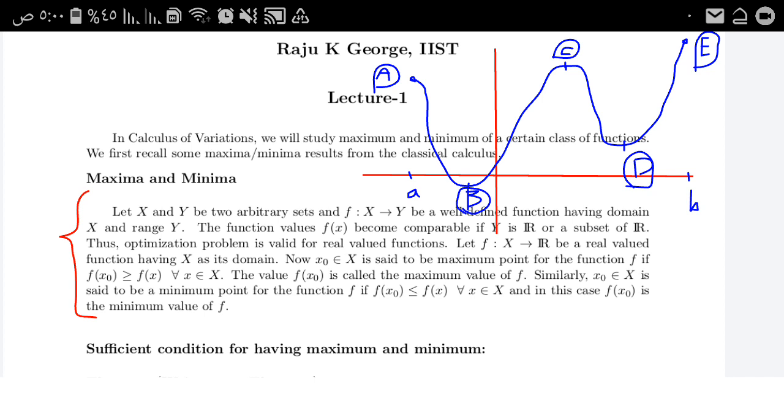B is the absolute minimum, but D is just a minimum, not absolute minimum.